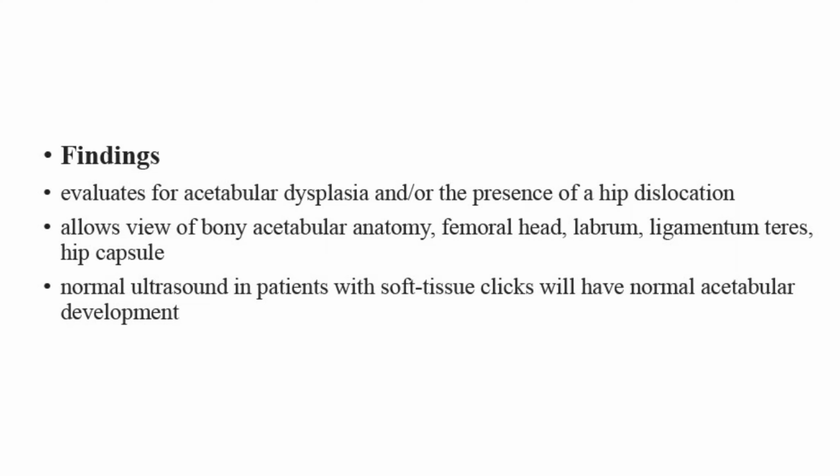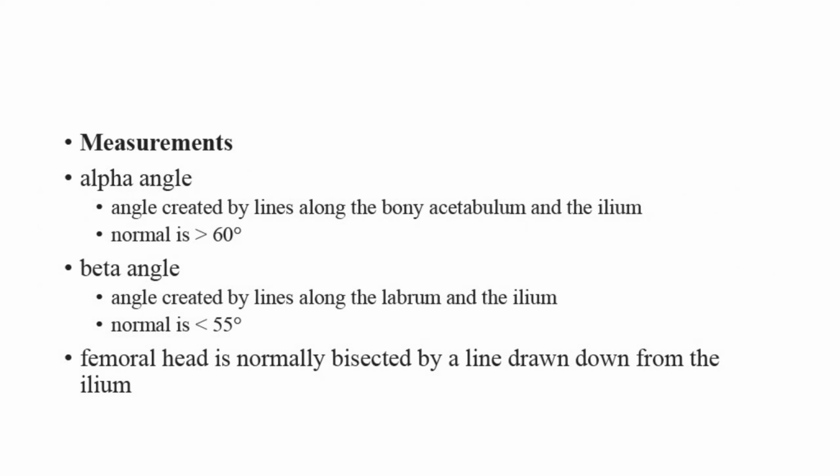So we evaluate the acetabular dysplasia. They have alpha angles, beta angles. They measure, and according to that they grade. Whatever the grade, whatever the degree, we better go for treatment. We will come to that later, and why, we will come to that later too.